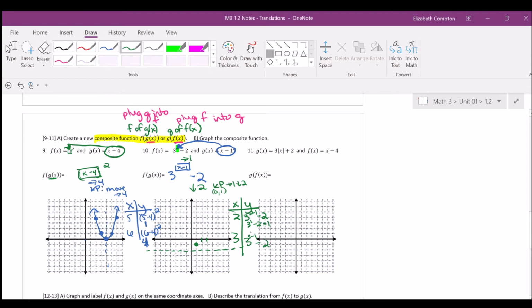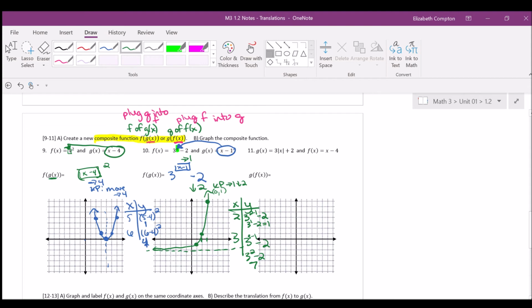Do the exponent first. 3 minus 1 is 2. That's 9 minus 2 is 7. So I'm going to plot 2, 1 and 3, 7. And we connect.